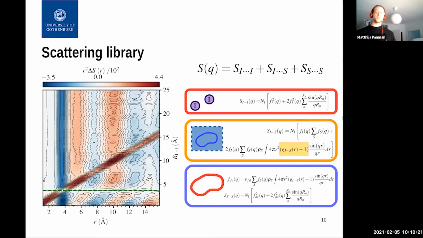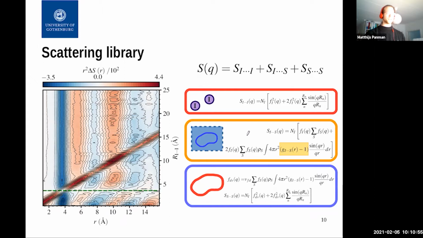I'm not going to go into great detail how we calculate the scattering that we use in the modeling of the data, but just briefly, we consider three contributions to the difference scattering. We have the solute-solute term, the solvent-solute term, which is also referred to as the cage term, and the solvent-solvent term. The solute-solute term can be calculated analytically using the Debye equation.